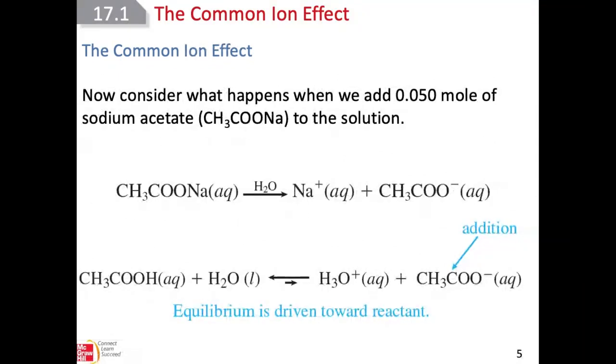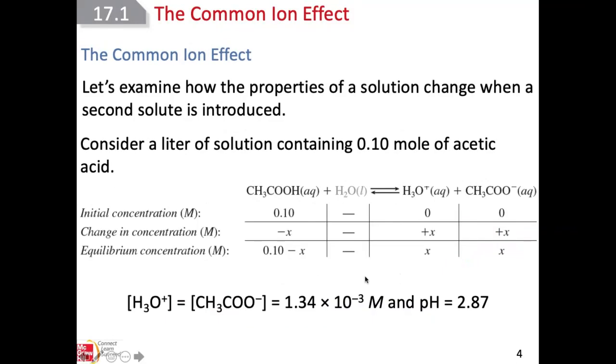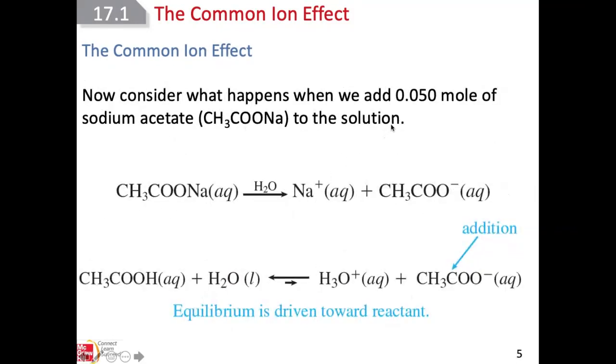So now let's say that to this solution of acetic acid, we will be adding 0.05 mole of sodium acetate. Sodium acetate is a salt, and we have to know from Chem 11 that the sodium salts are very good, strong electrolytes.